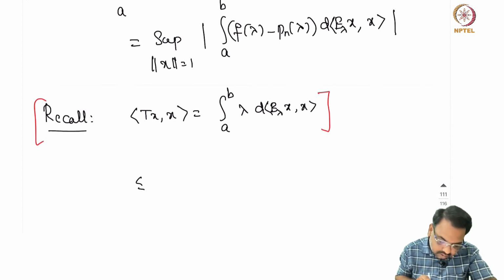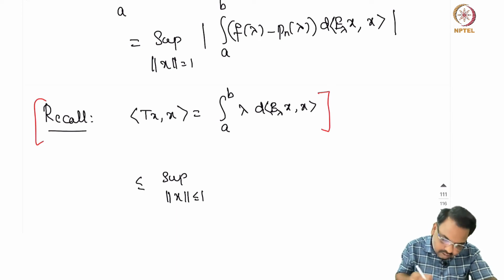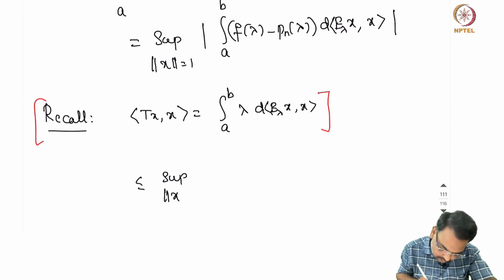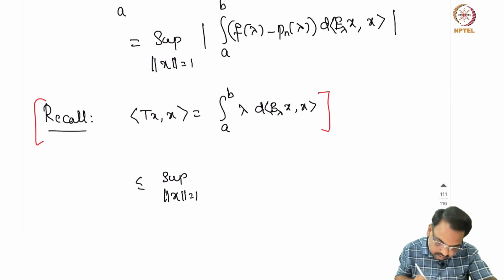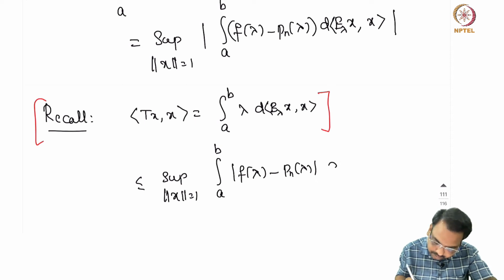So the above quantity is less than or equal to the supremum over norm x equal to 1 of the integral a to b of mod f lambda minus Pn lambda d inner product e lambda x with x.